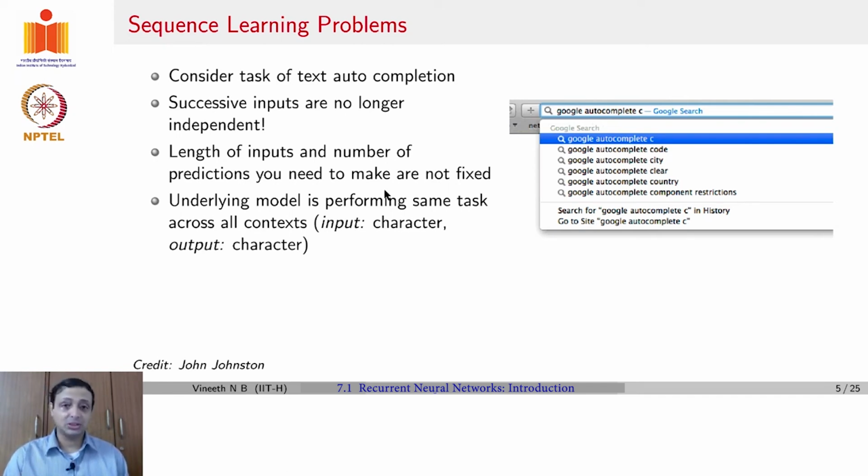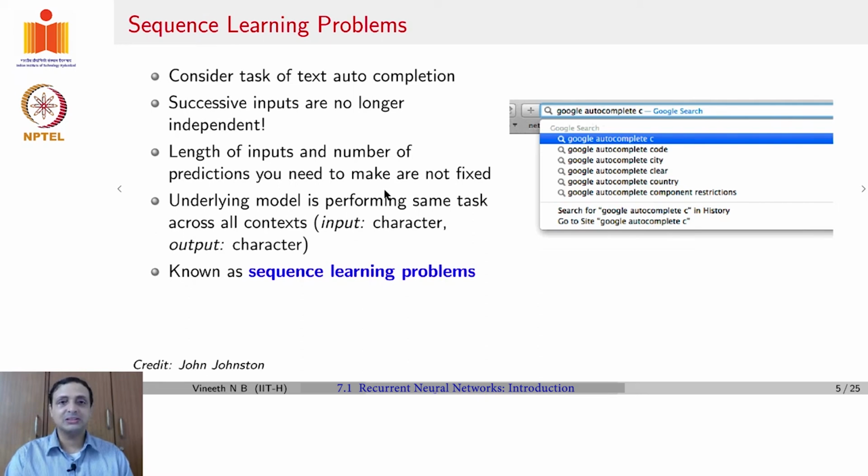That task does not change irrespective of at what time step you're trying to make the prediction. If a user typed 1 word, you still have to predict the next set of characters. If the user typed 2 words, your context increases, the temporal context increases in length, but what the task has to achieve remains the same.